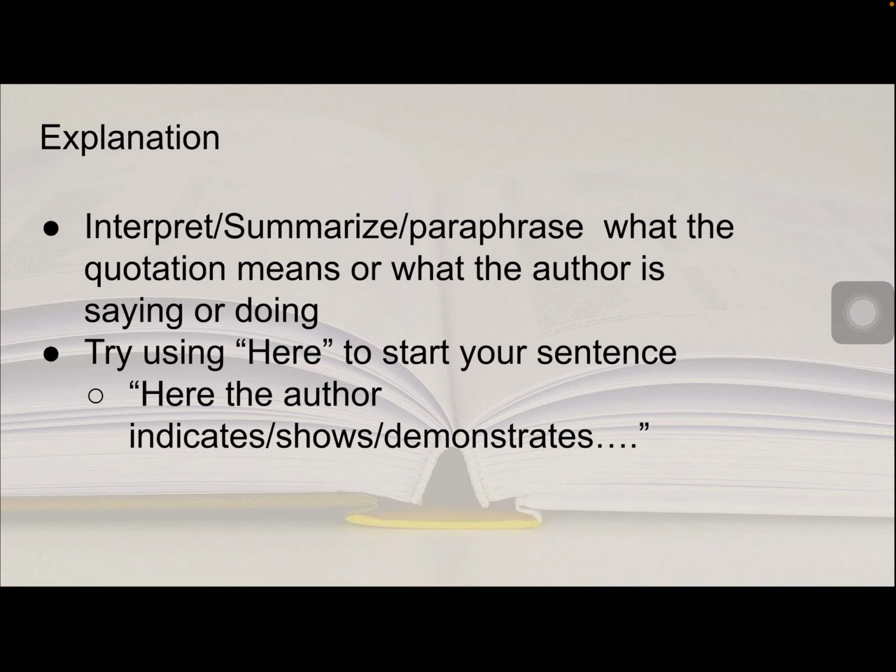So now you're going to explain how this quote that you used is an example of verbal irony. You're going to explain, here the author's using verbal irony because, or here the author shows or is demonstrating this point. So you need to explain how your quote shows that literary device.